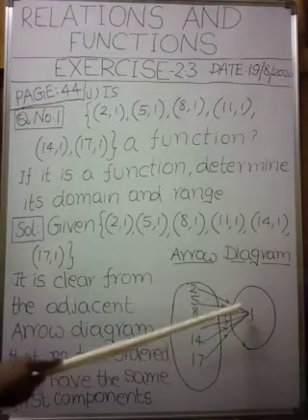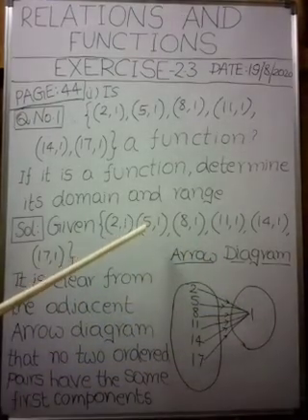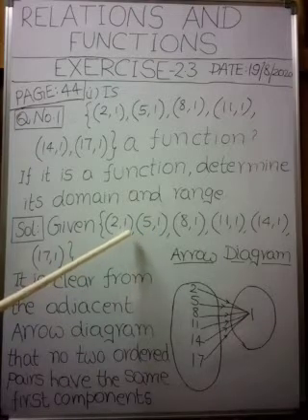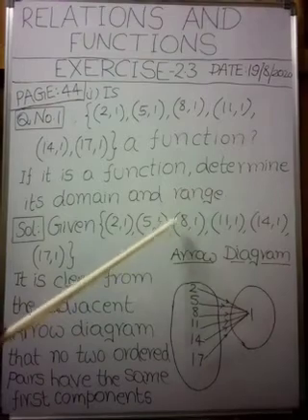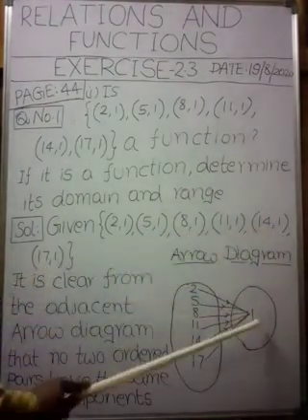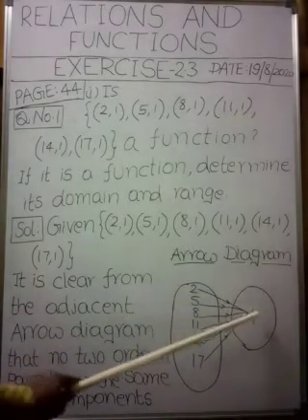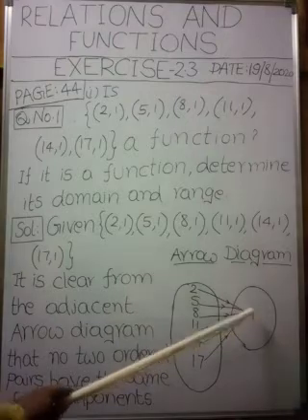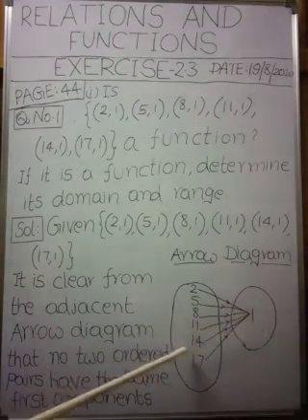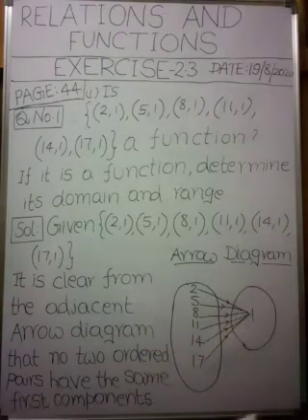Next, in the second set, we write all the second components or second elements of the ordered pairs. So here 1, here also 1, here also 1. So only one element is there in the second set. Here 2 is related to 1, 5 is related to 1, 8 is also related to 1, 11 is also related to 1, 14 also related to 1 and 17 is also related to 1.